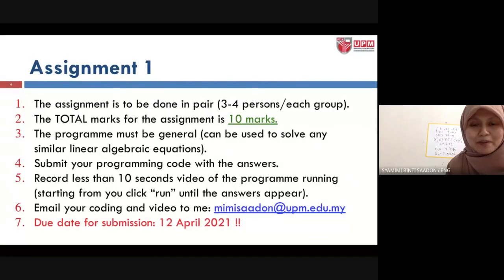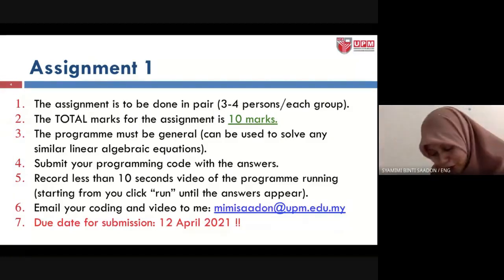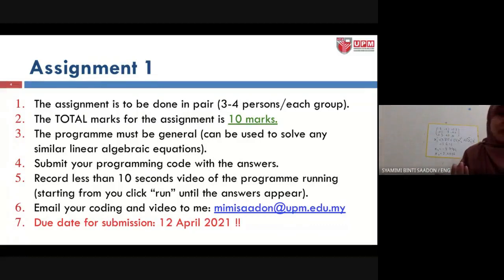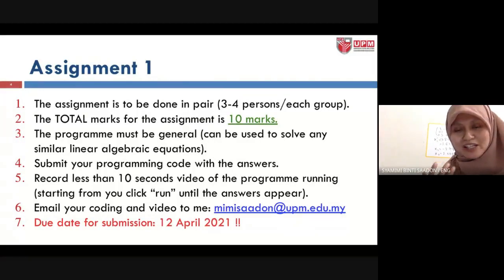The program must be general, so it can be used to solve any similar linear algebraic equations. What I mean is that I don't want you to just key in the values. First, you can use MATLAB if you have it. If not, I think you are more familiar with Python, because you learned Python with Dr. Yazdi last year.